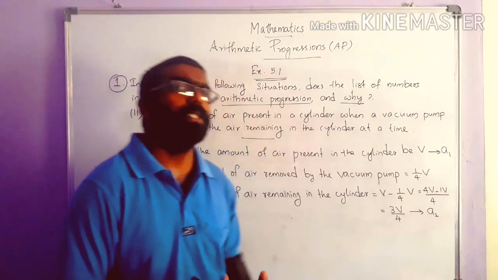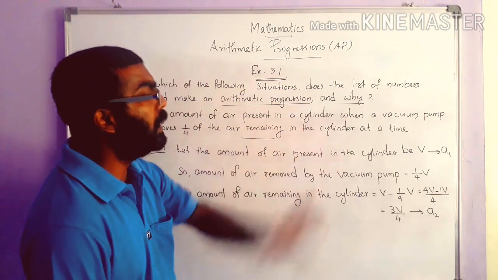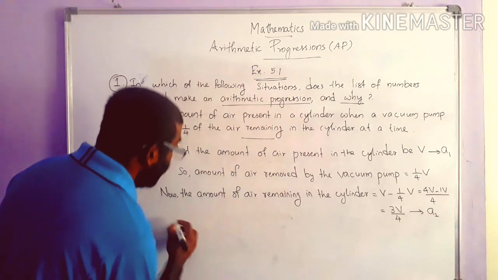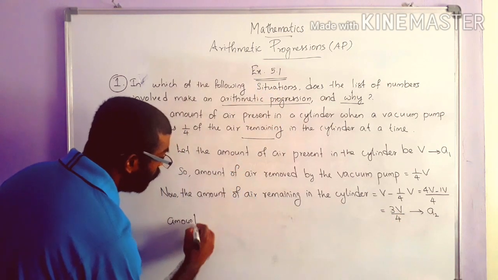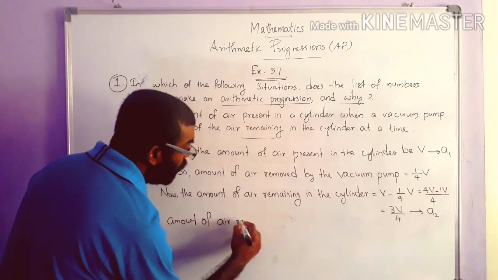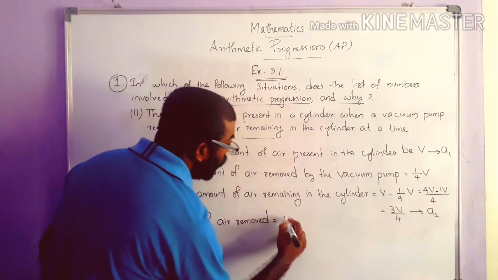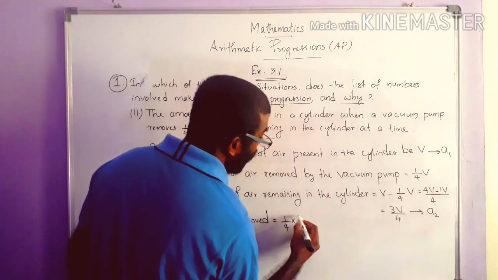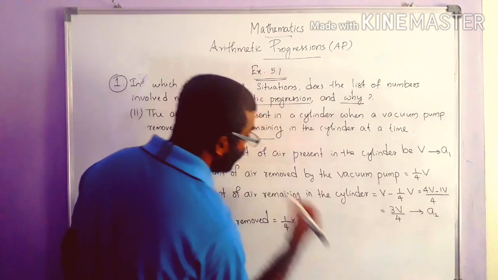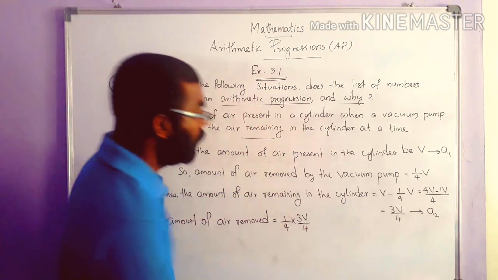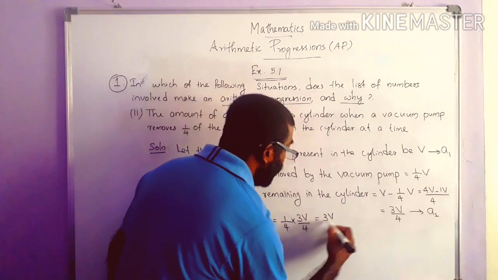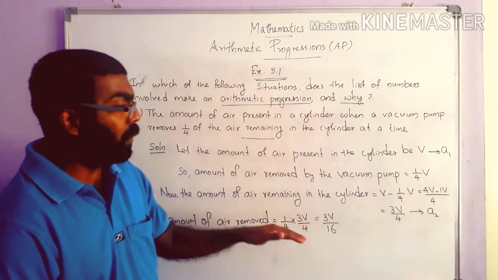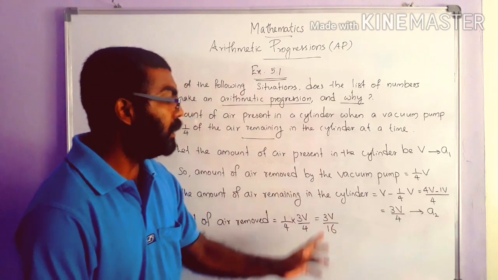Again the vacuum pump removes 1/4 of the air remaining in the cylinder, and that is 3V by 4. So the amount of air removed will be 1/4 of the present volume. At present the volume is 3V by 4. So 1/4 of 3V by 4, that is 3V divided by 16. That means the vacuum pump now removes 3V by 16.